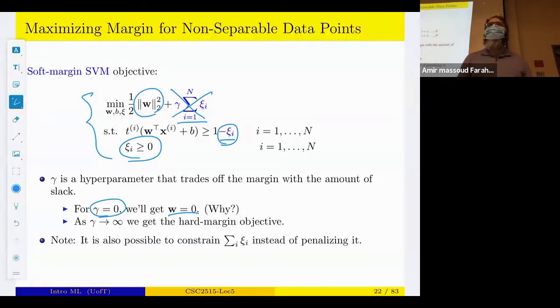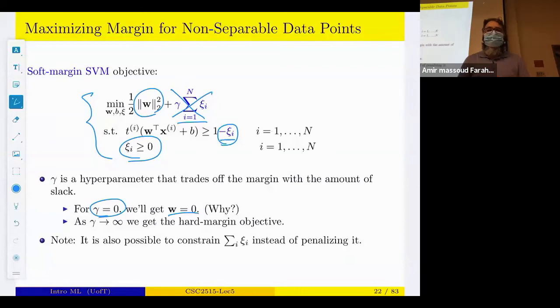So can you imagine why it might become 0? I'm not sure if I heard you, but the idea is, if there's no penalty on slack variables, if gamma is equal to 0, we can choose them whatever we want.